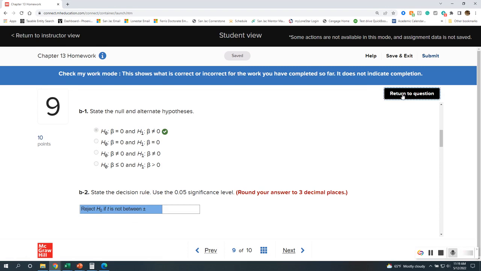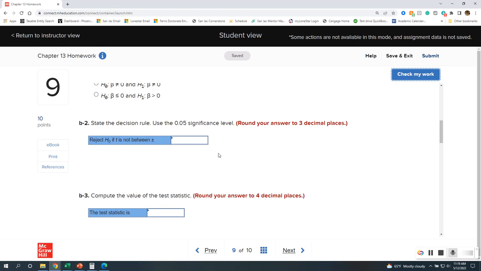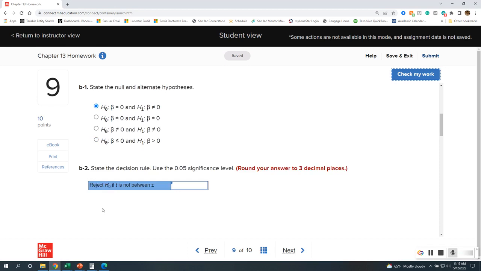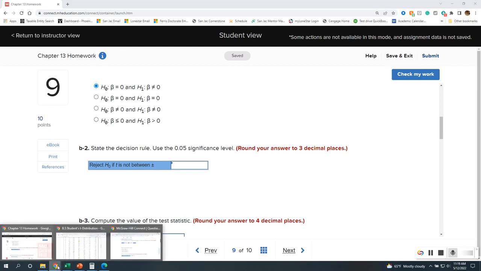There you go. Alright. So it is a two-tail. So state the decision rule with a 0.05 significance level. Why is it two-tail? Again, it's equal. And then it also gives you the plus minus here to let you know that's two-tail.